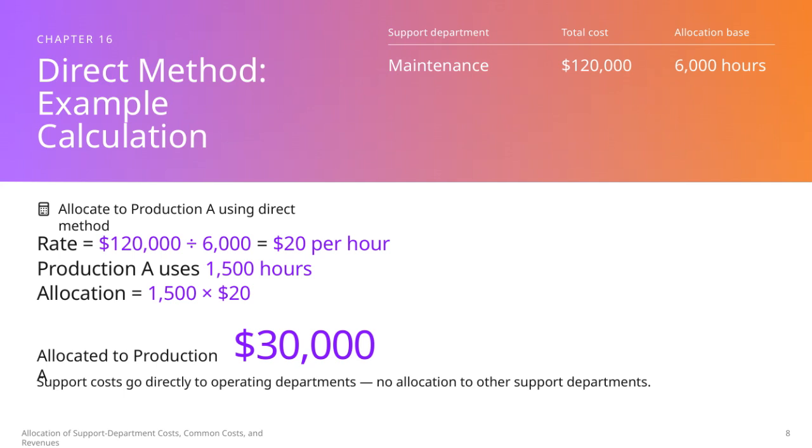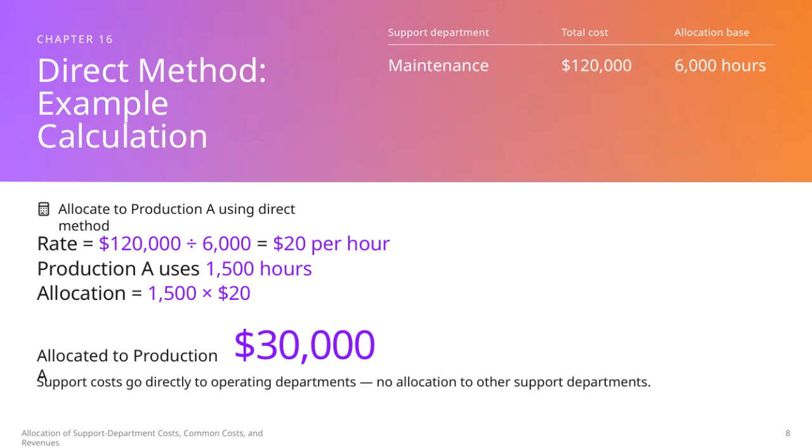To allocate costs to production A, we first calculate the rate by dividing the total cost by the total hours, so $120,000 divided by 6,000, which gives us $20 per hour. Production A uses 1,500 hours of maintenance services, so we multiply those hours by the rate, 1,500 times $20, to get the allocated cost of $30,000 for production A.